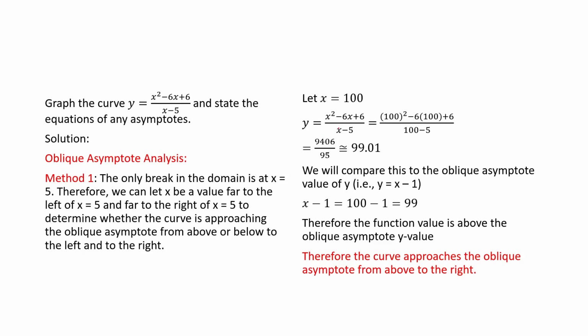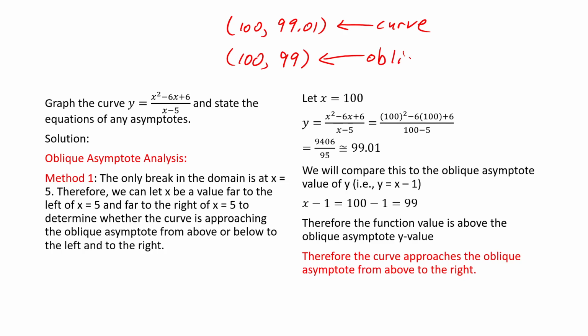Okay, let's let x equal 100. That's to the far right. When we let x equal 100, we get a y-coordinate of 99.01 on the curve. Well, when we let x equal 100, we get a y-coordinate of 99 on the oblique asymptote. Remember, the oblique asymptote is simply the line y equals x minus 1.